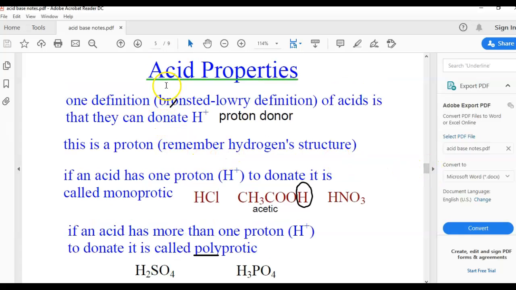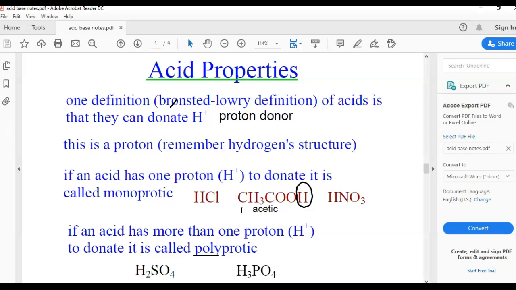So remember, acid properties being Bronsted-Lowry are proton donors. That's hydrogen structure. Here we have a hydrogen. Here we have this hydrogen. Here we have that hydrogen in those acids. Sometimes there are hydrogen in other formula that do not count as being acidic.